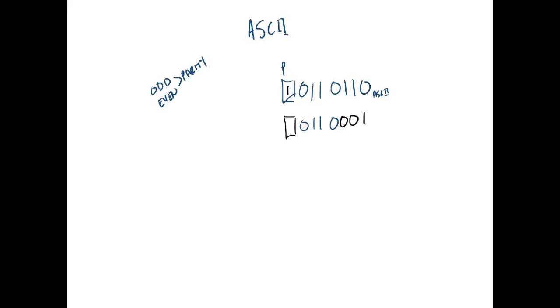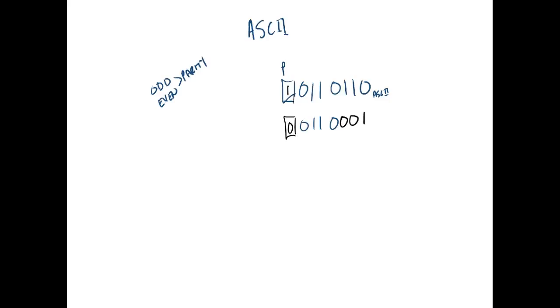Set means a 1, cleared means a 0. So when I transmit, if I'm running parity, this code would add a 1, this code would add an additional 0. This is odd parity. Even though this is an odd number and this is an even number, parity has nothing to do with whether the number is even or odd.